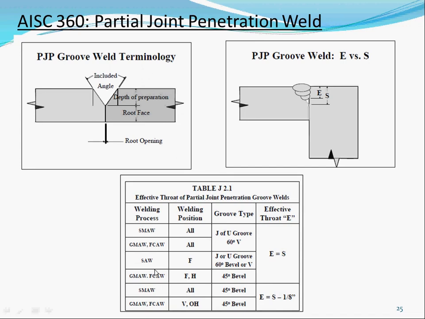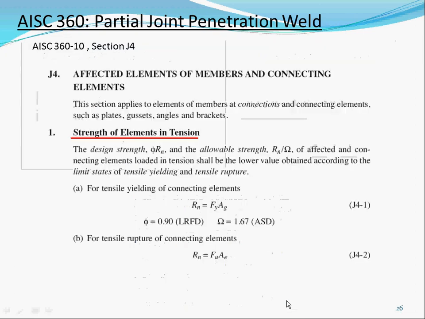For most processes, E equals S, so the two are the same. But for these two, you will have to subtract 1/8. That's why when we design the plate and cut it, we account for this 1/8.